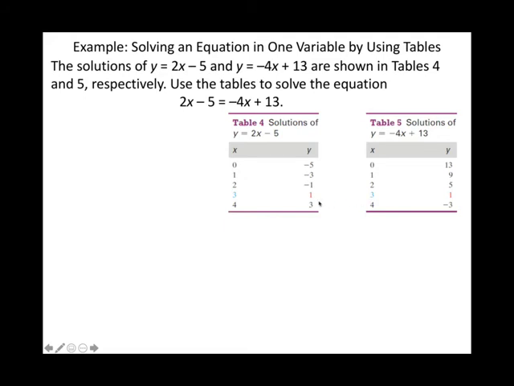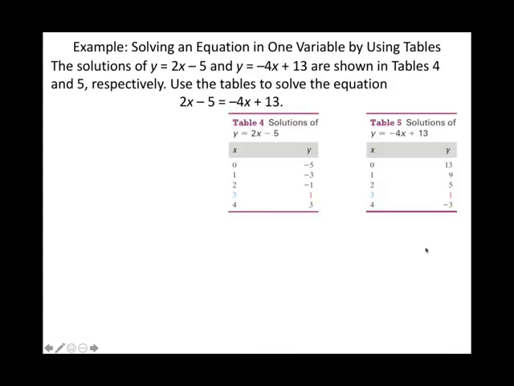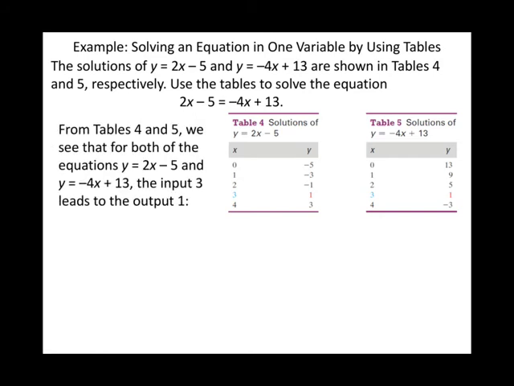And you can see from these two tables, we only have one same coordinate, which is going to be 3 and 1 here, 3 and 1 here, right? Think about it. This 3 and 1 just looks like the intersection point in here. So 3 and 1 is the intersection point of these two equations.